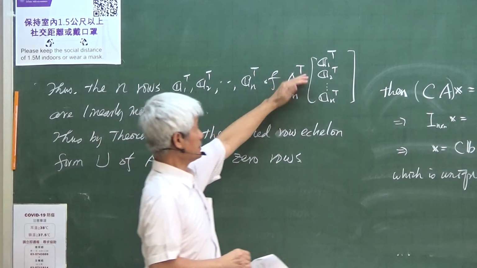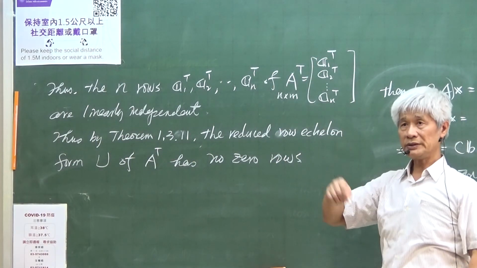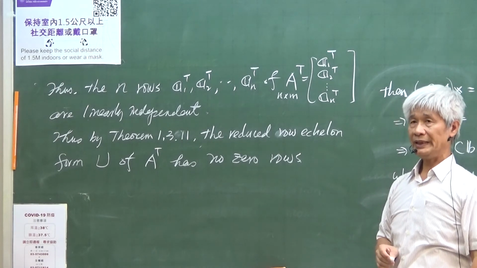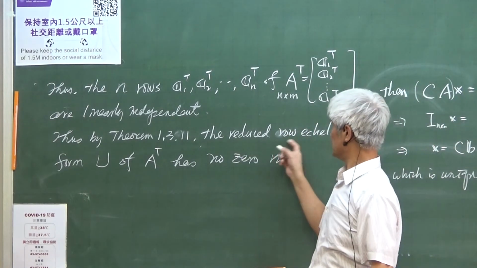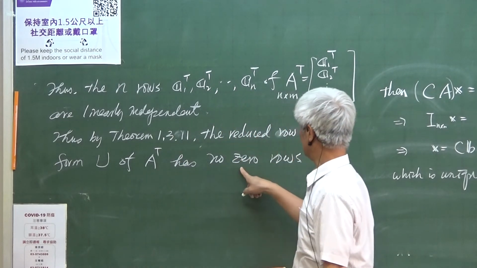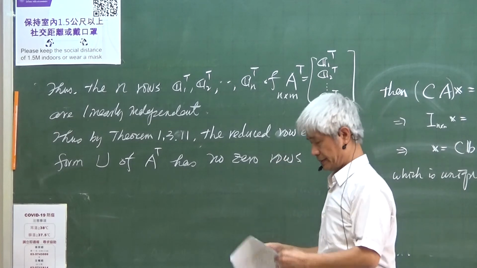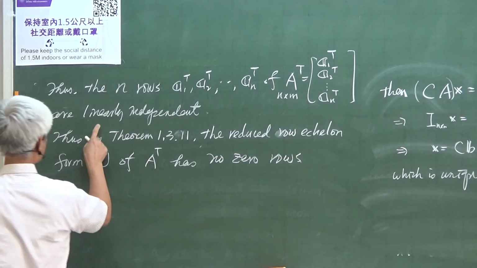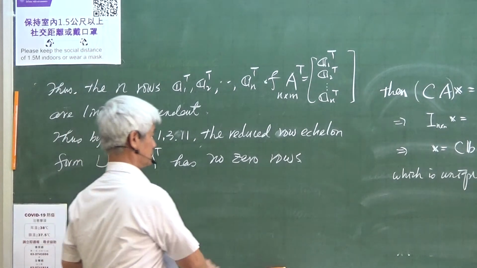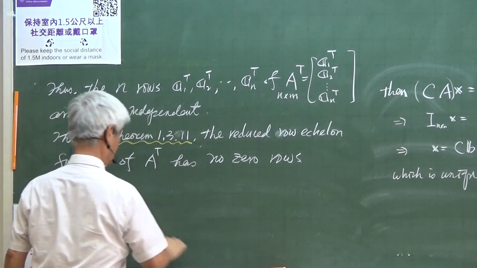Because the matrix has linearly independent rows, when we use Gauss-Jordan elimination to reach the reduced row echelon form U, then U has no zero rows, which means every row has a pivot. So it's crucial to remember Theorem 1.3.11, okay?